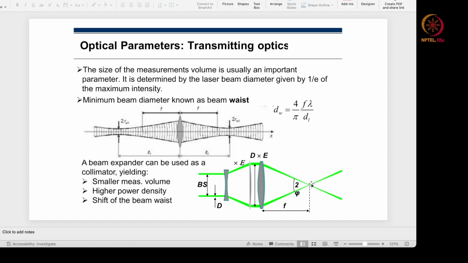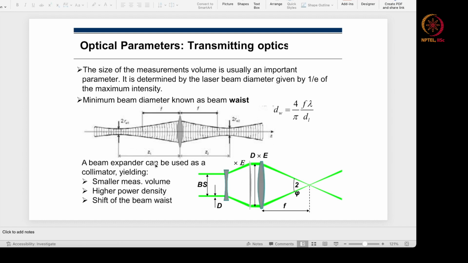Because remember, as your particle passes through it, if it has different velocities, it is all averaged out in that measurement volume. So you need to have large intensity there, and you need to have the particles go through that measurement volume, so that you can assume it is small enough that spatially, in that particular region of interest, the particle's velocity does not change by much.